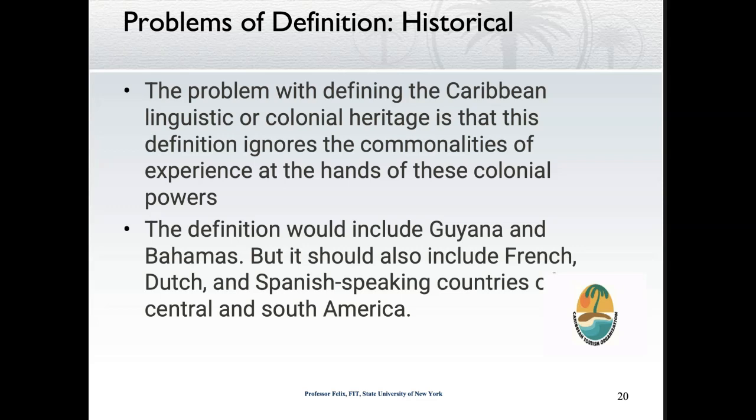And the problem with the historical, the linguistic or colonial heritage, is that this definition ignores commonalities of experience at the hands of these colonial powers.